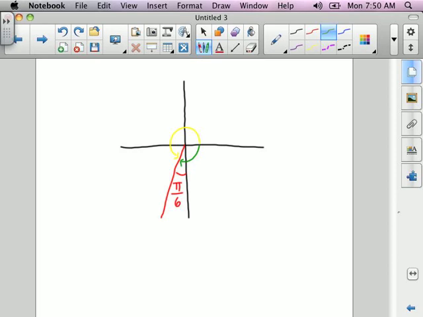Well, if we look at this right here, we have to think about those key angles to know. I'm going to go for the yellow first, by the way. I know that if I go all the way from here to here, I'm up to pi radians. And let's see what else I know. I know that if I go from here to here, that whole quadrant, that's going to be pi over 2.